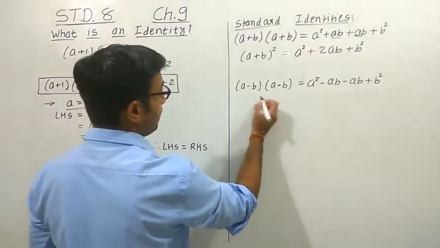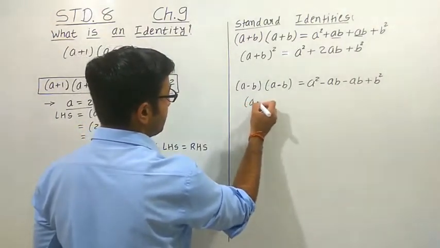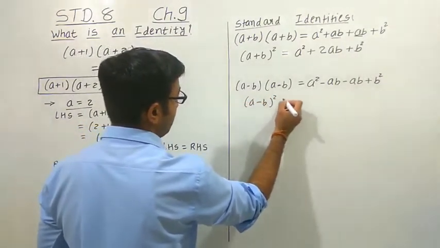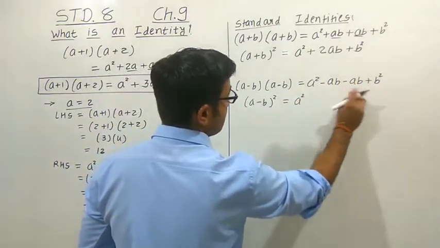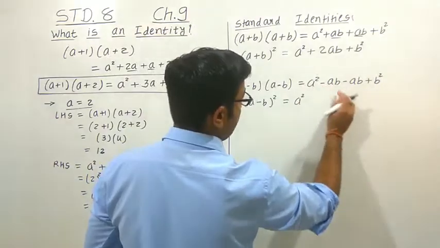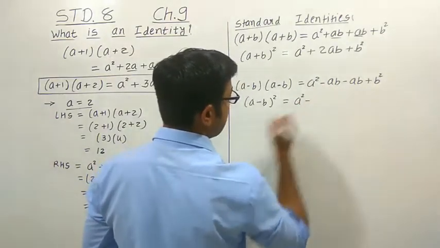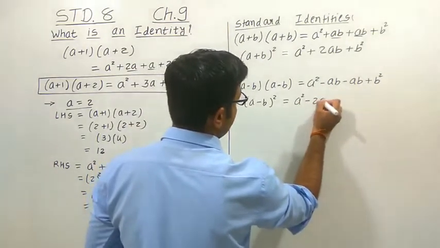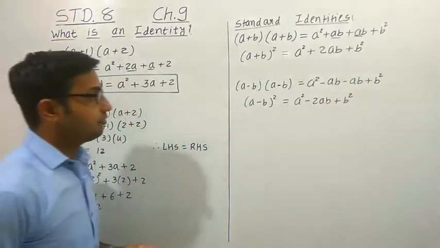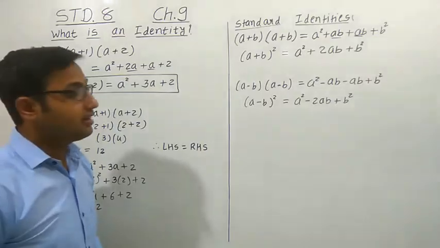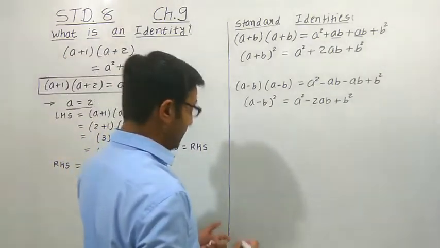So here also we can write it as a minus b whole square, and here we get a square. We can simplify it: both are minus, so they will be added, but the sign will remain minus, 2ab plus b square. So this is the second standard identity, right?